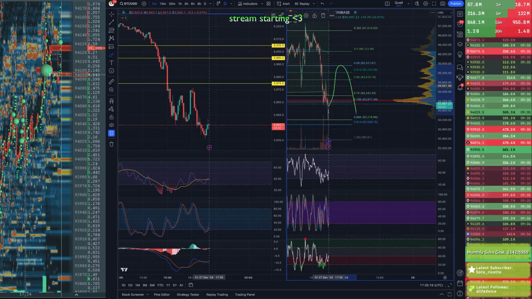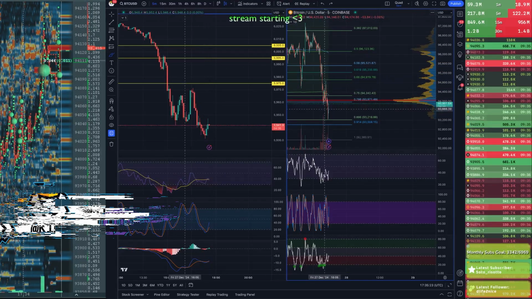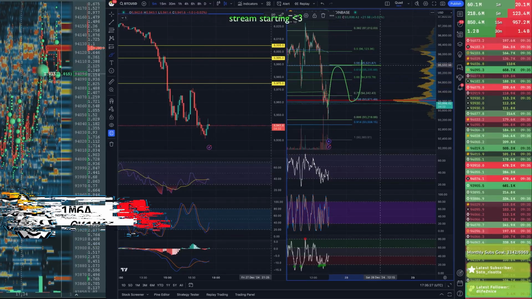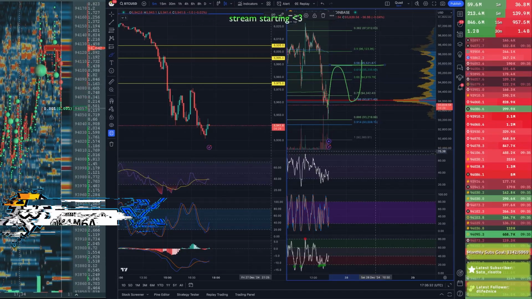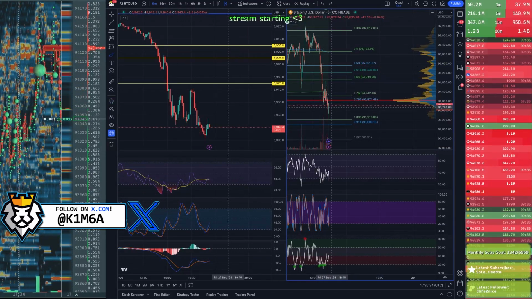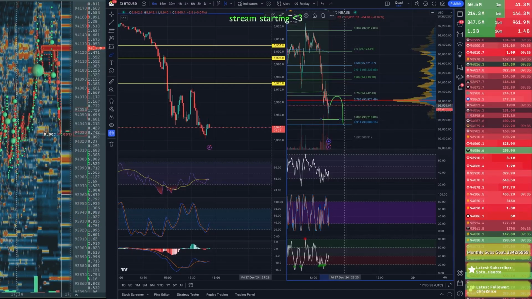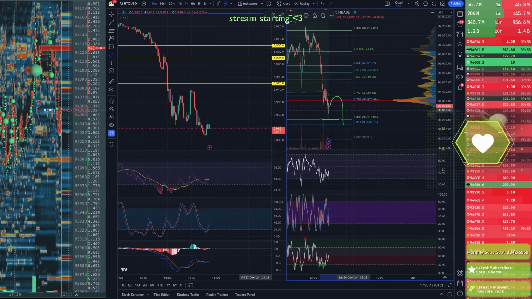Don't get bullish on me when it does this. If it does this and makes a higher high, does the probability of going to 82 increase or decrease? If it does this and makes another lower low, does this increase or decrease the probability of it going to 82?